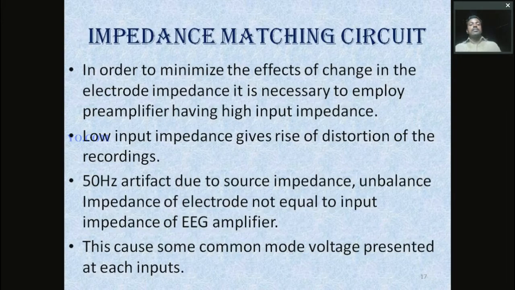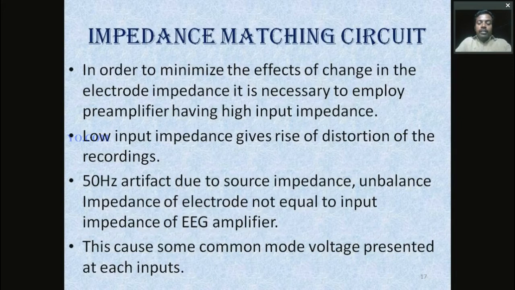In order to minimize the effect of change in the electrode impedance, it is necessary to employ a pre-amplifier having high input impedance. Consider amplifiers that have a pre-amplifier.